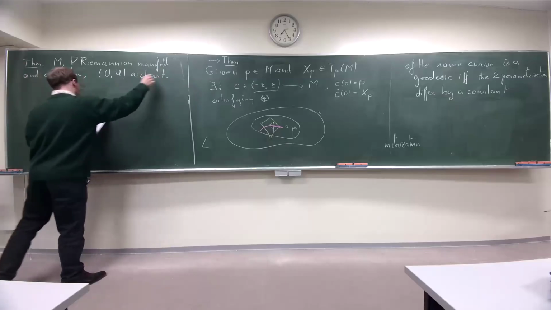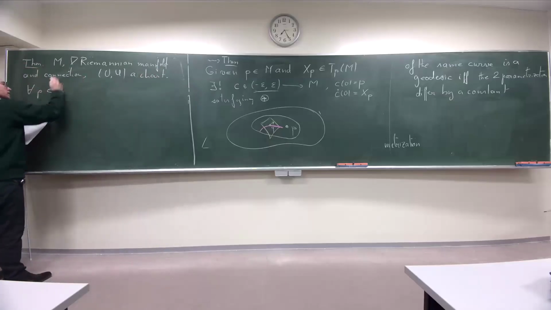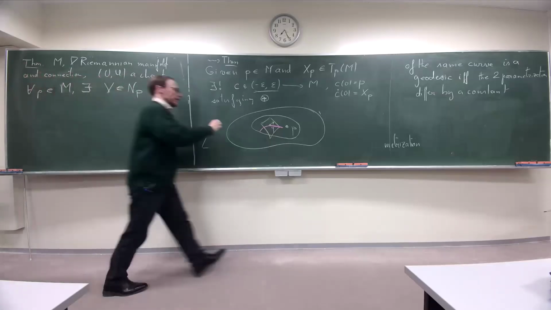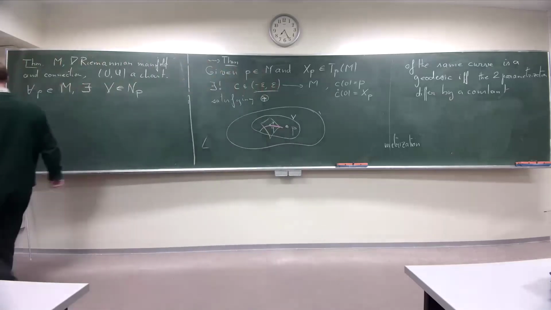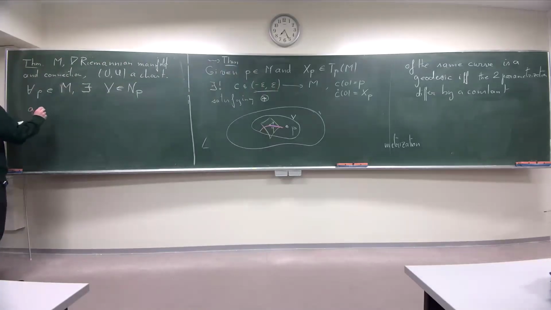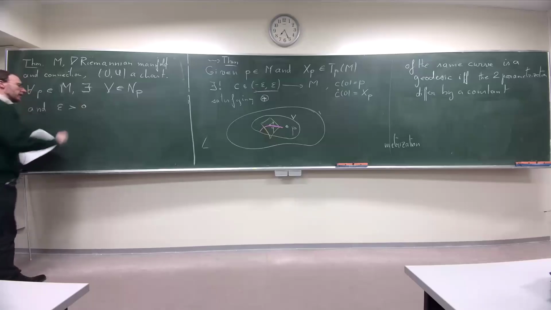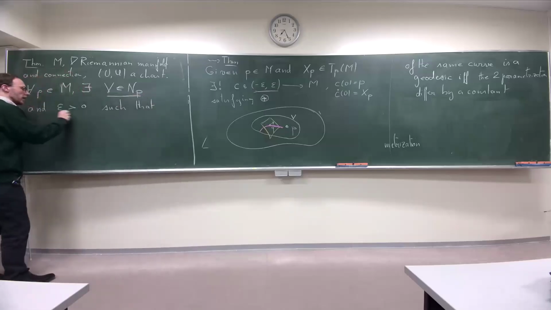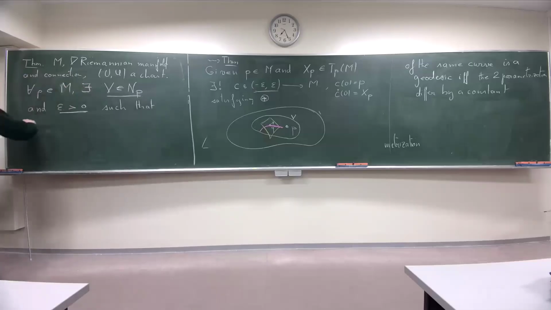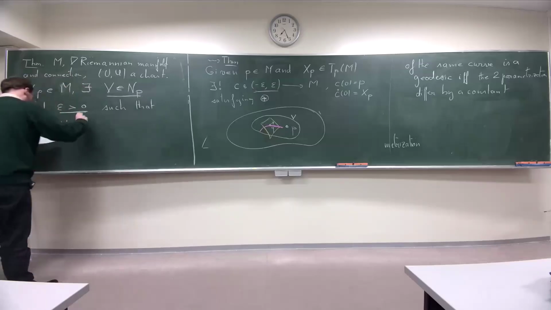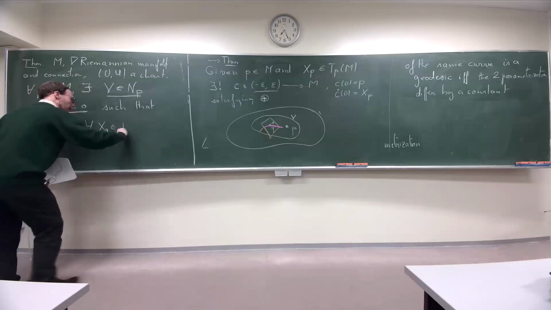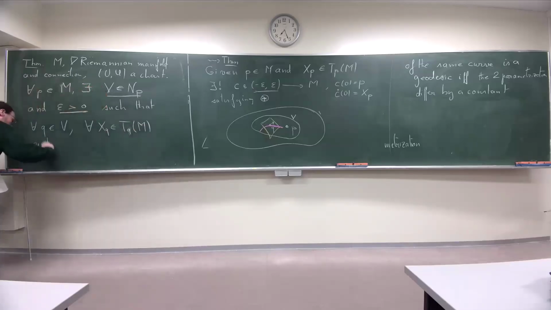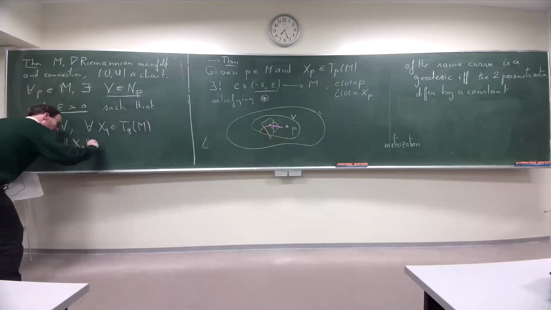Now, for any P belonging to M, there exists a neighborhood of P, this V, and a certain epsilon bigger than 0, such that for any Q in V, any tangent vector X_Q at Q with the size of this tangent vector smaller or equal to epsilon.